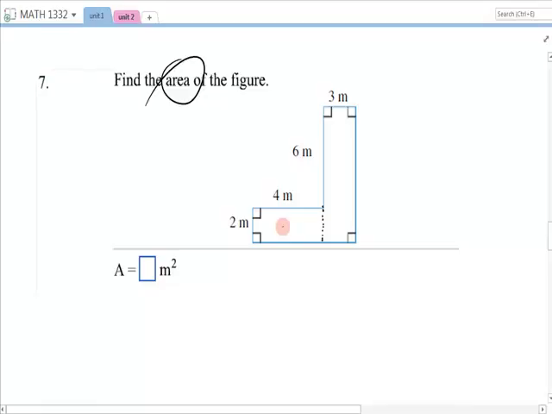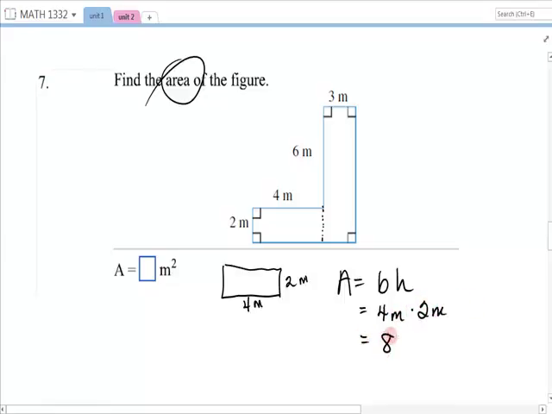This one, it's a little rectangle. And so I'll just draw it. And it is 2 by 4. And these are meters. And I hope it doesn't bother you that I put the 4 on bottom instead of on top. The area is base times height. It is 4 meters times 2 meters.